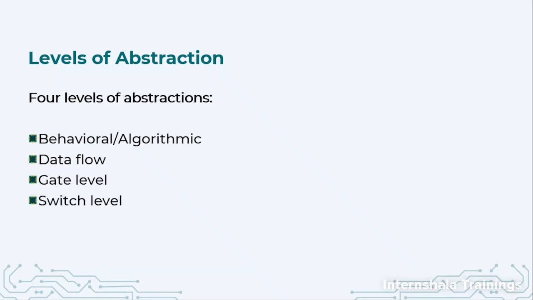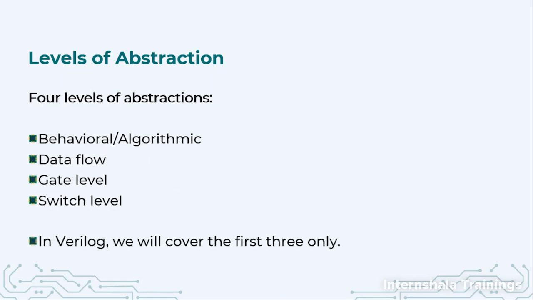And the lowest level is the switch level. Switch means the transistors, the BJT, or in modern technology, these are CMOS. We are not going to program using the switch level. So in Verilog, we will be focusing only on the first three, that is behavior, data flow, and gate level. Switch level is mainly for the backend, and our focus is mainly on the design aspect.